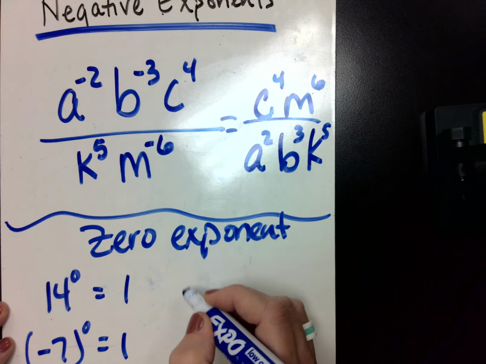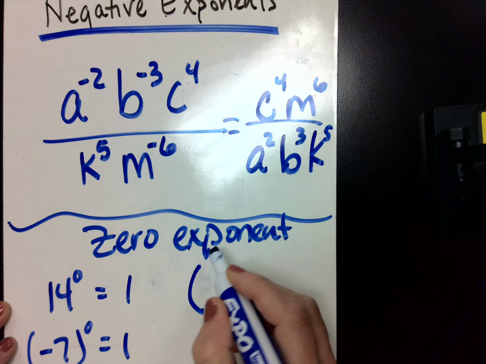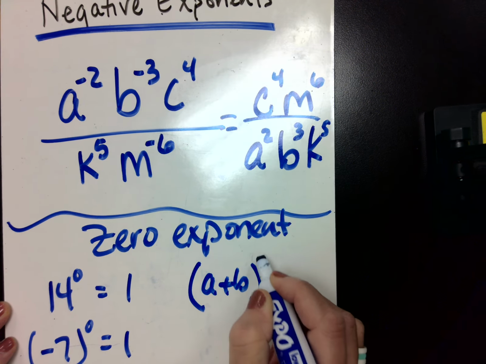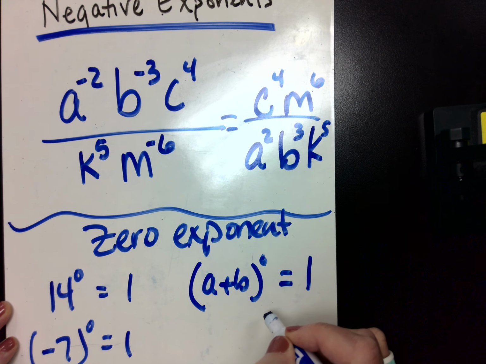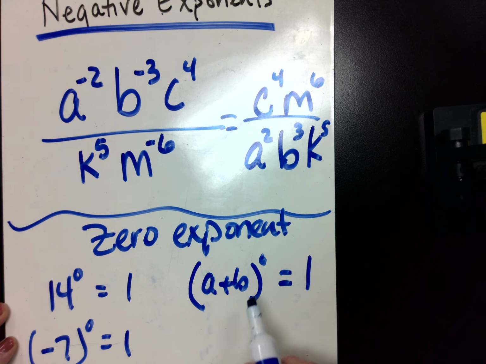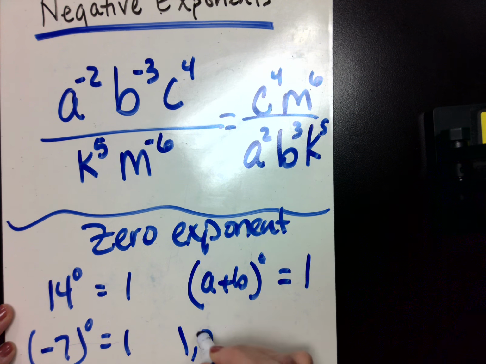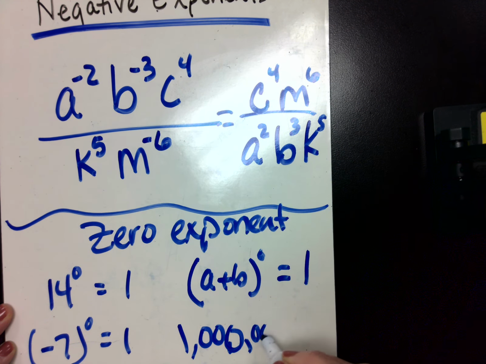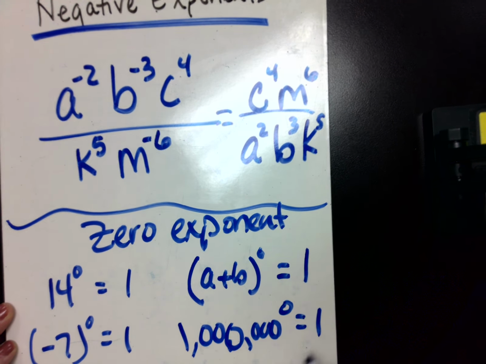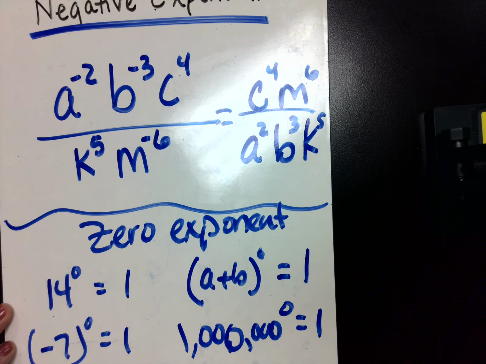If you have anything inside, like a plus b to the 0 power, that's going to equal 1. Doesn't matter what these are, it's going to equal 1. If you have a million to the 0 power, it's going to equal 1. If you have negative a million to the 0 power, it's going to equal 1. It doesn't mean the exponent is a 1, it means the whole thing equals 1.